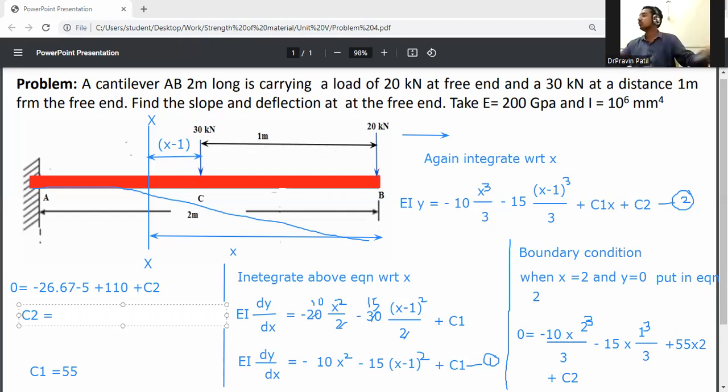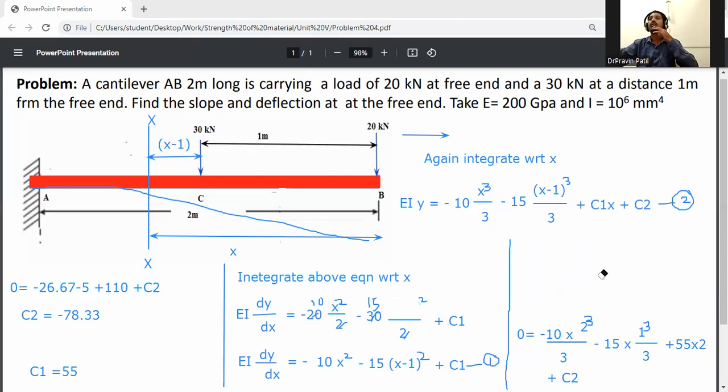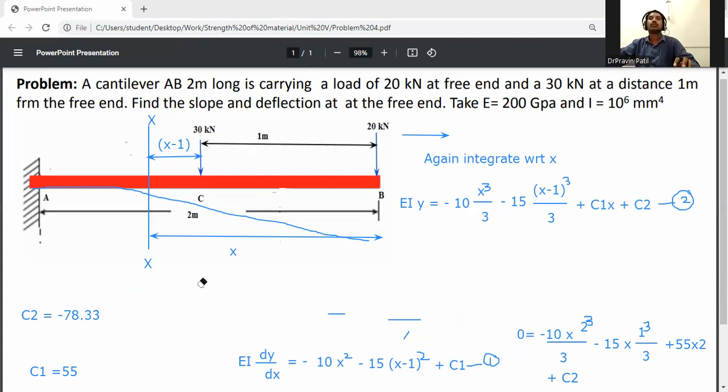Let me cross-check the C2 value: it is 78.33. So this C2 value is minus 78.33. Now put the C1 and C2 values in equations 1 and 2 and write the slope and deflection equations.